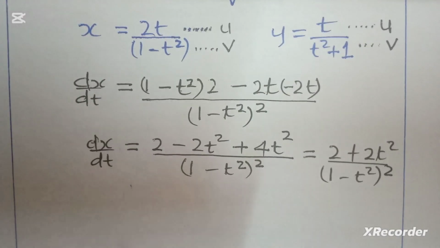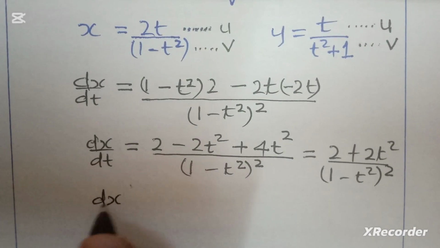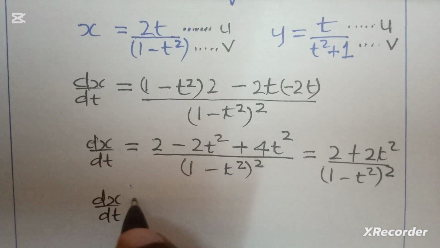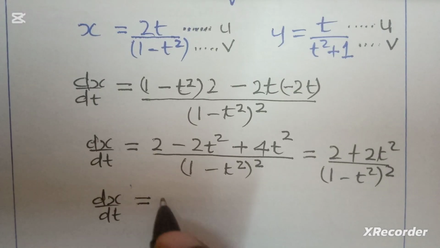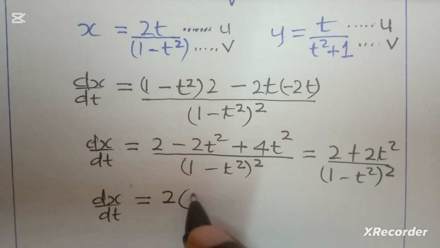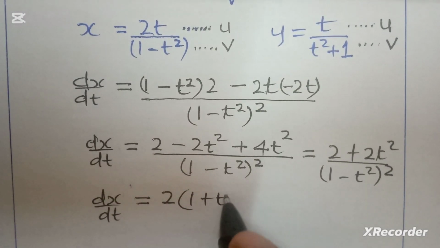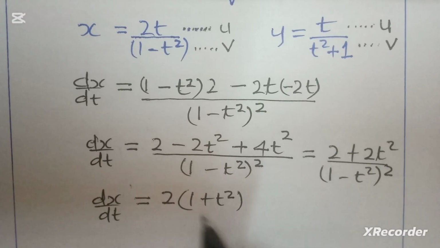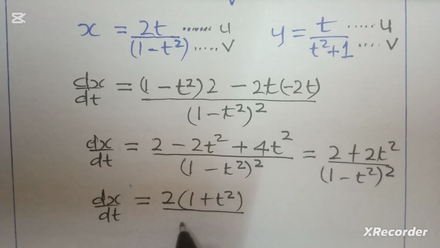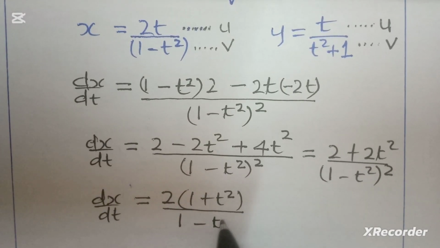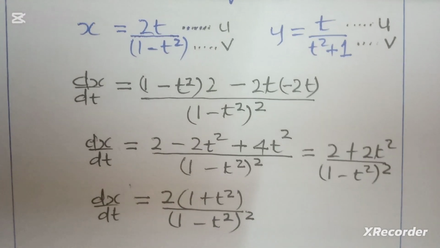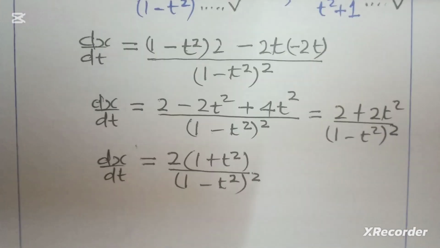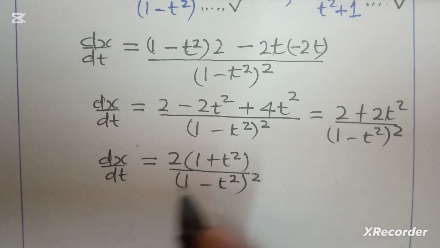So this one gives us dx dt, which will give us now 2, then we are left with 1 plus t squared all over 1 minus t squared squared, like that. So guys, now we go for the dy dt.